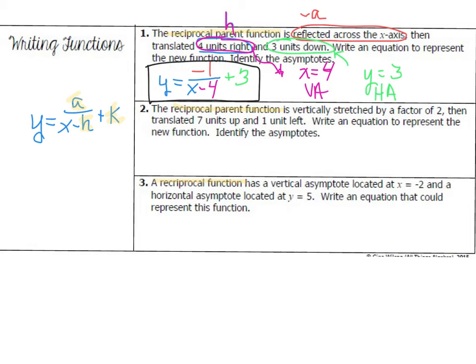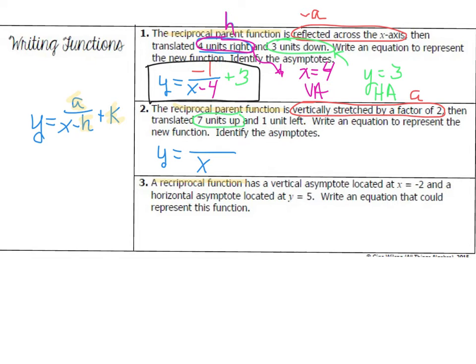Okay? All right, so then you try 2 and 3. Pause the video, try them on your own, and then restart the video. All right, so I have y equals, and then an x. So let's see what we've got. We are vertically stretched by a factor of 2. So that's going to be my a. Then it's translated 7 units up.